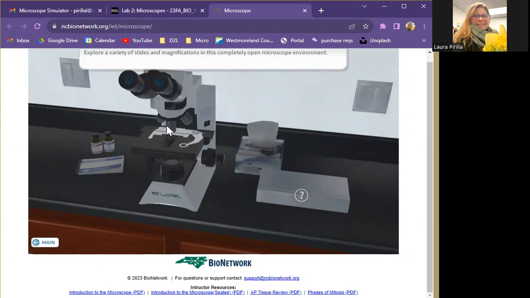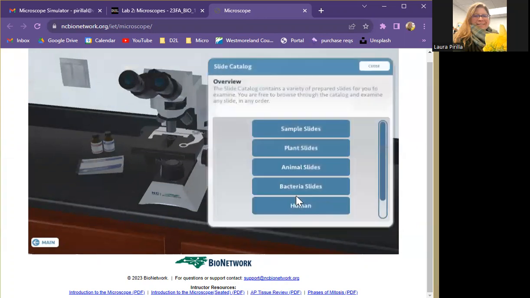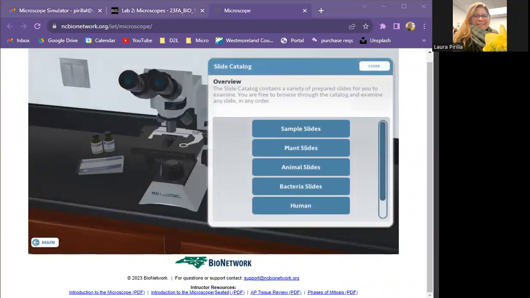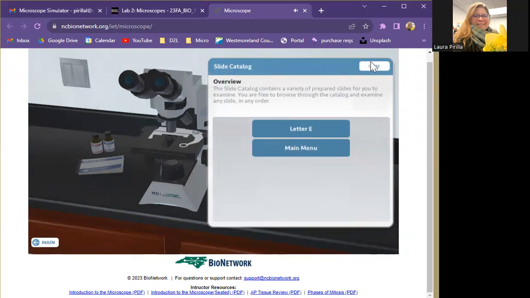All right, so now that you've wiped off the microscope, now you want to open the slide box and you can choose any other slide you wanted to look at. So just for the fun of it, let's have a look at some plant cells.